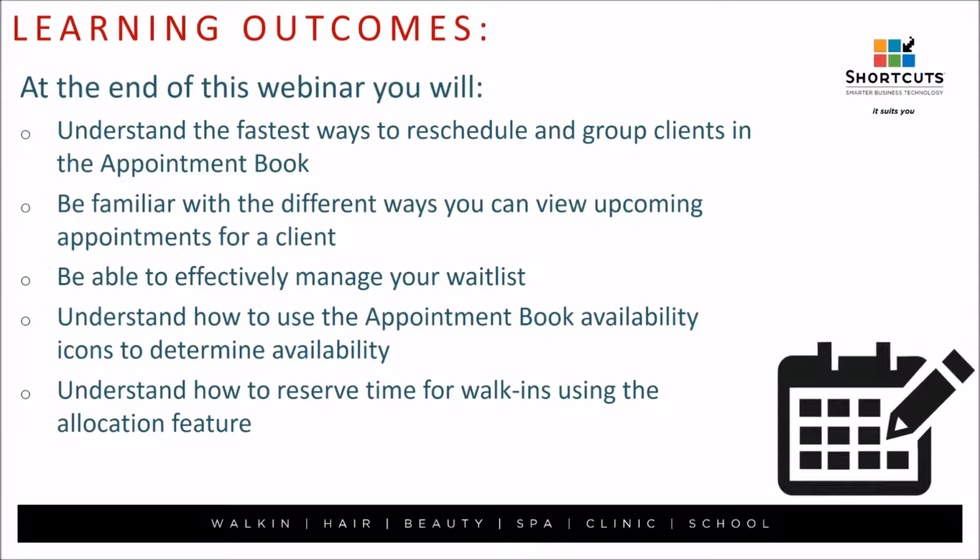We'll also be able to effectively manage a wait list, so I'll show you that feature also, and understand how to use the appointment book availability icon to determine availability. Now that's a new feature that I'll show you how to turn on. And also we will understand how to reserve time for any walk-ins using the allocation feature. Again, a new feature that I'll also explain to you in the session.